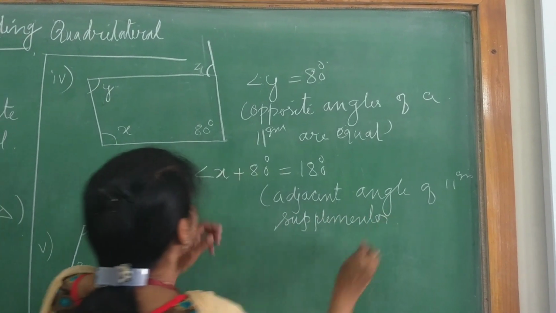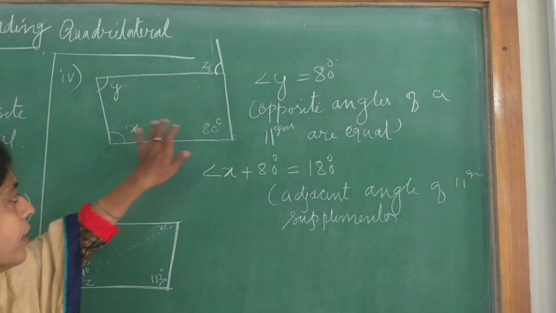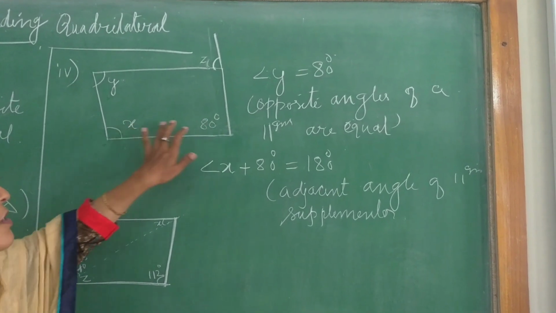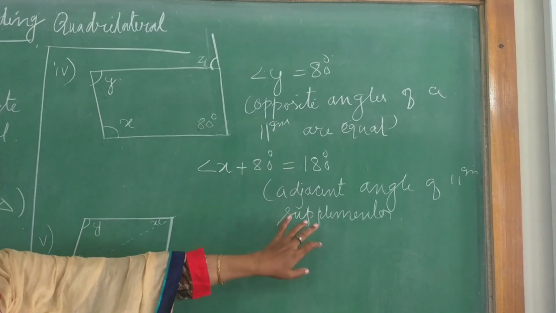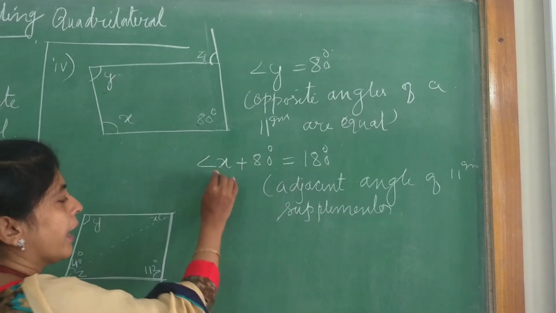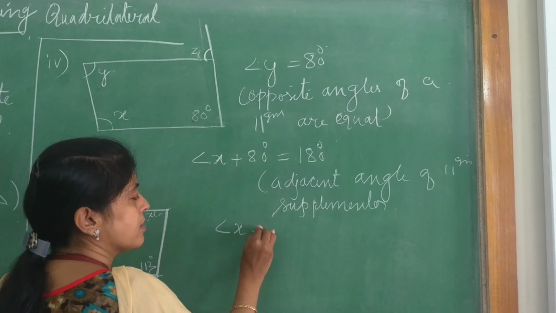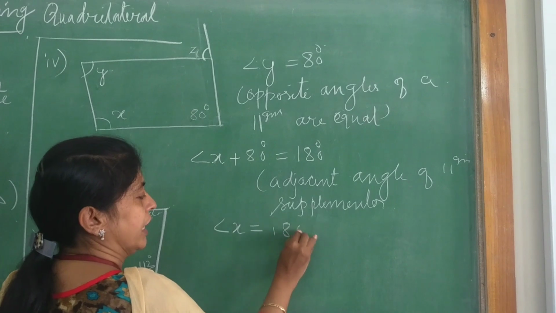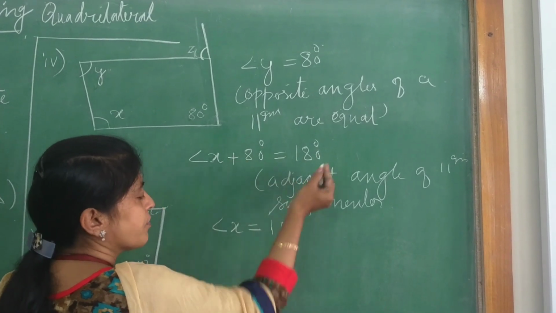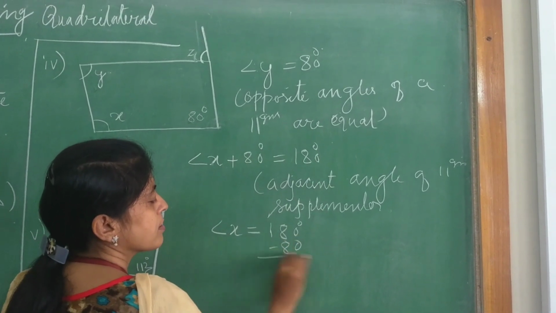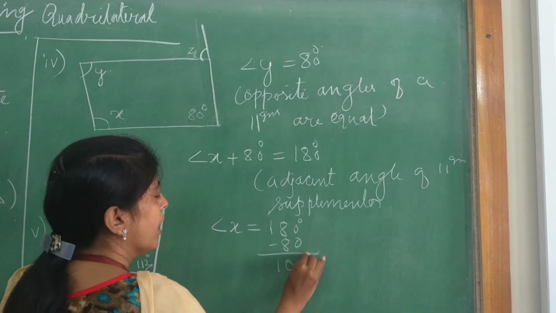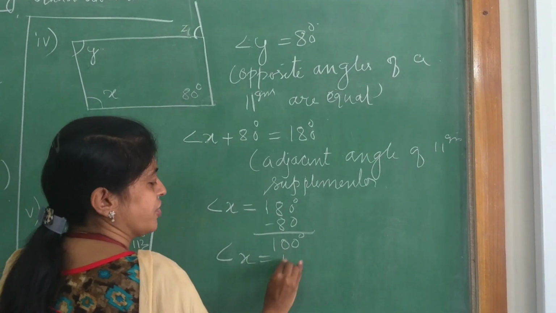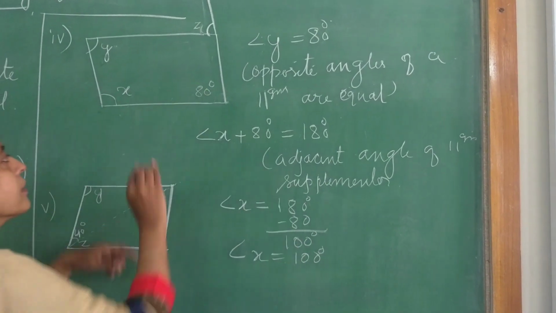Or you can say that the sum of two adjacent angles of a parallelogram is equal to 180. So x is equal to 180 degrees, and as we transpose, minus 80 will be equal to 100. Therefore angle x measures 100 degrees.